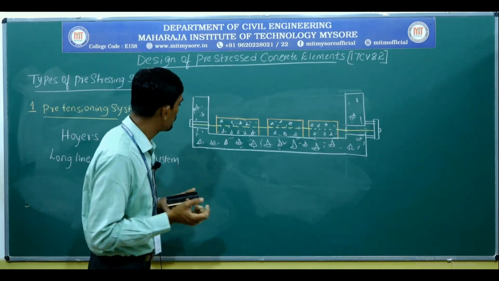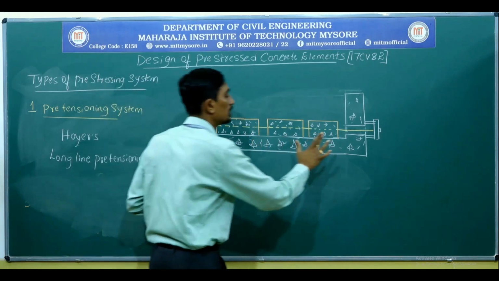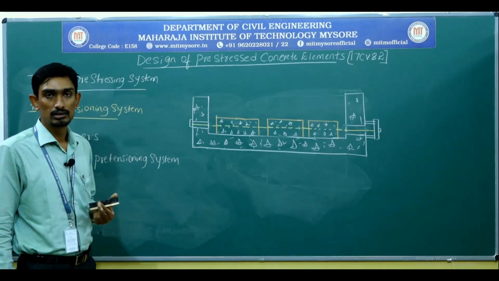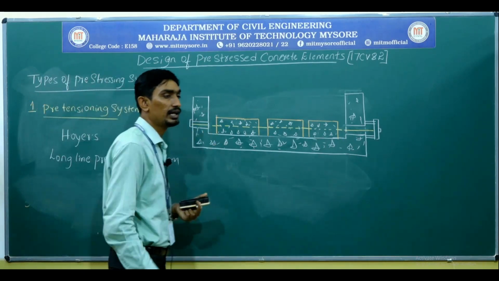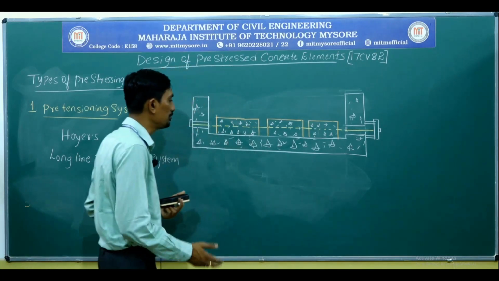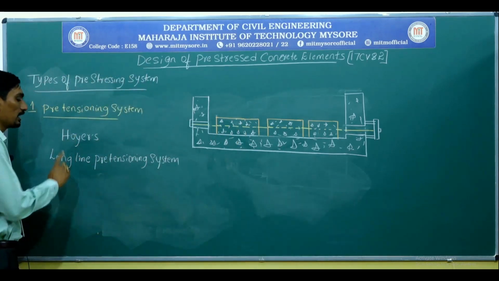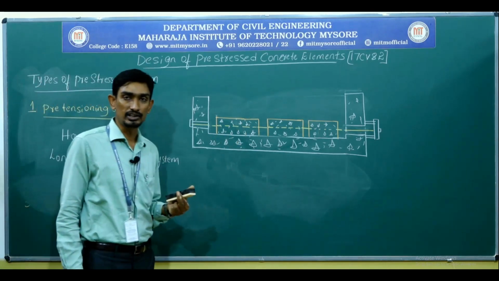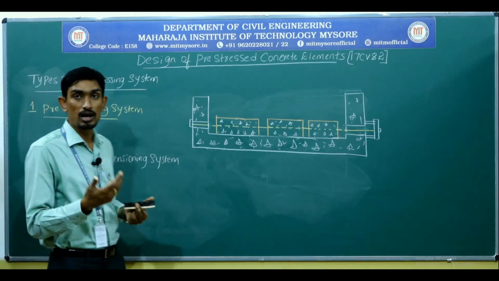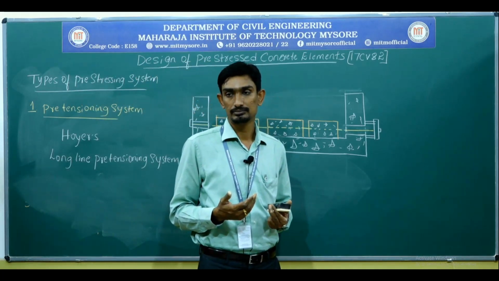And the next part, as you know, this will be cut at either end, so that a number of pretension beams can be developed with this long line pretensioning. That's why the terminology long line: it means a number of pretensioned members you can develop.